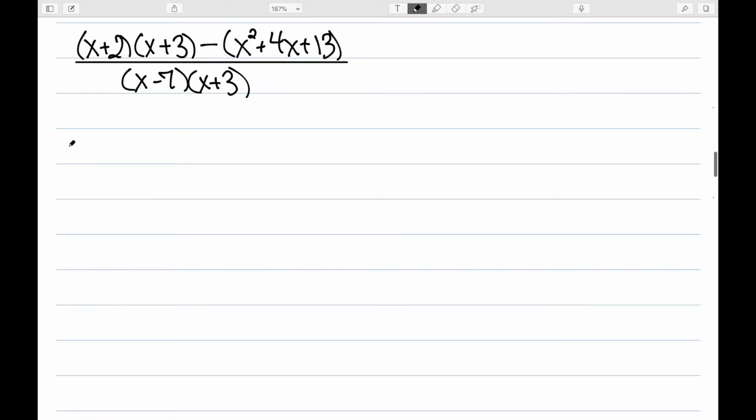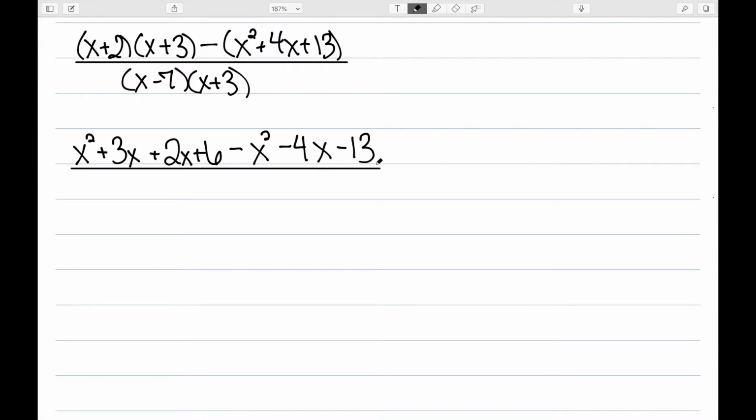Distributing out that numerator, I have x squared plus 3x plus 2x plus 6. We can then distribute the negative sign to get minus x squared minus 4x minus 13 all over x minus 7, x plus 3.